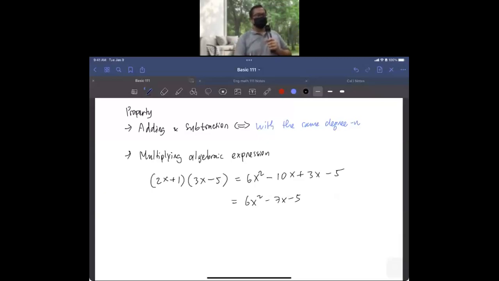And from this multiplying, we can have factoring, right? We can have factoring.